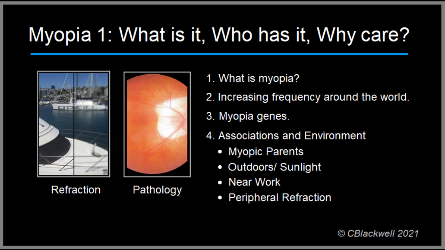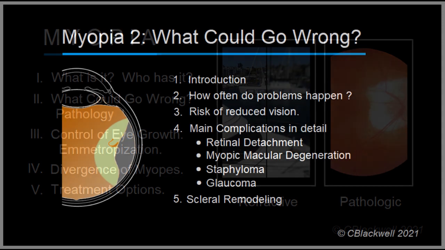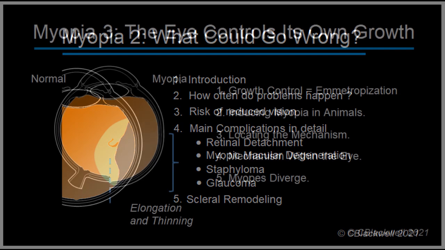As we end video number 1 in our myopia series, if myopia has caught your interest, the next 4 videos cover more myopia subject in detail. Video 2 is a discussion of how myopia leads to vision-threatening complications like retinal detachment and myopic macular degeneration.